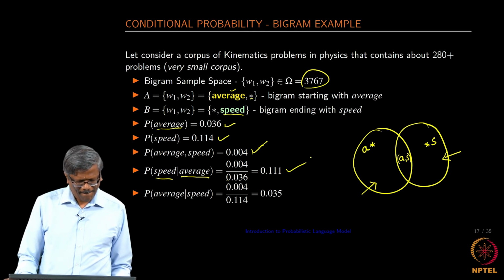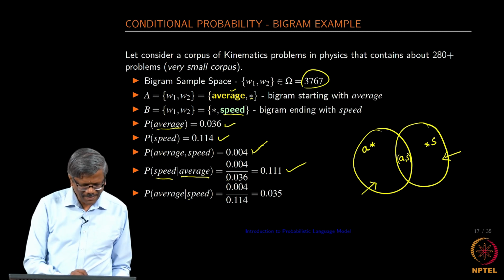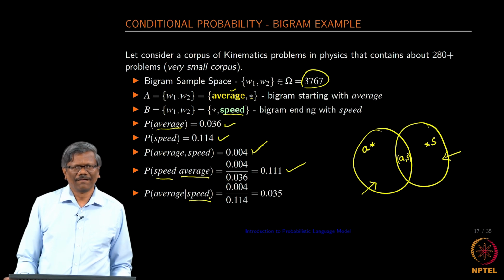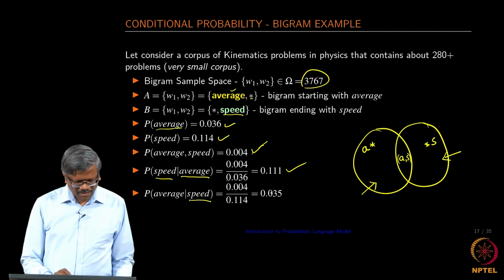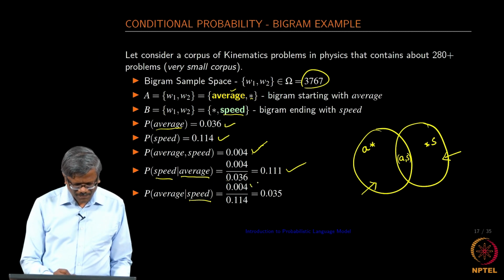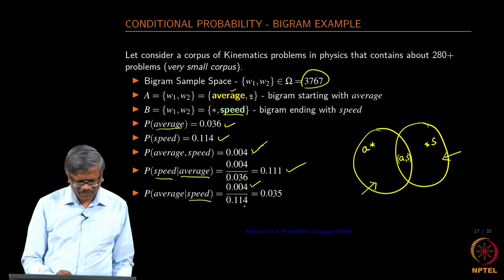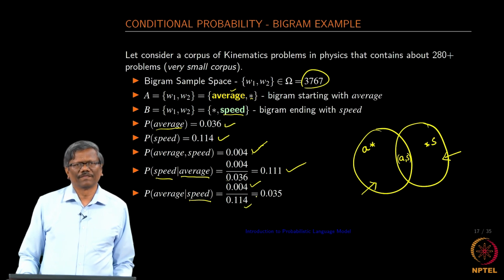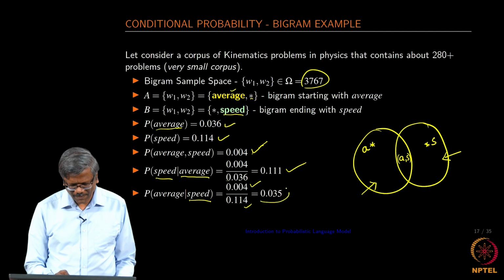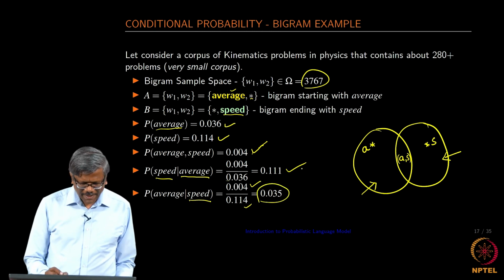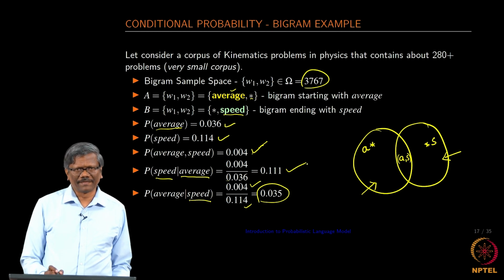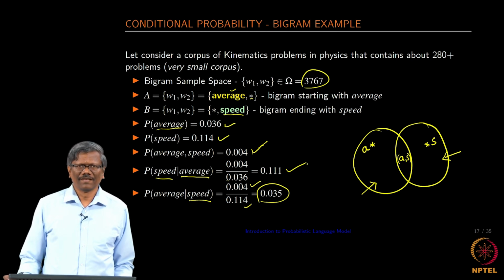has the probability of 0.111. Let us find out whether it is the same when speed occurs as the first word. In this case again we know this, and we also know the probability of speed, and if you look at the value, it is smaller. That means you will find more of average speed than speed average in the given document.